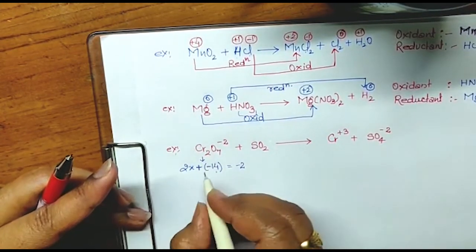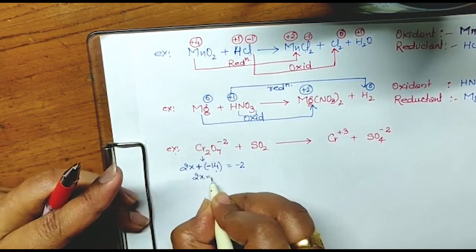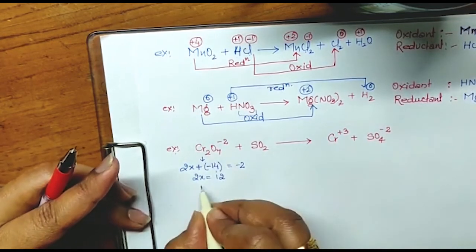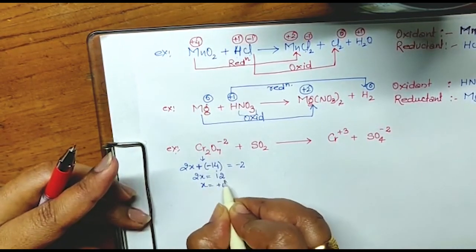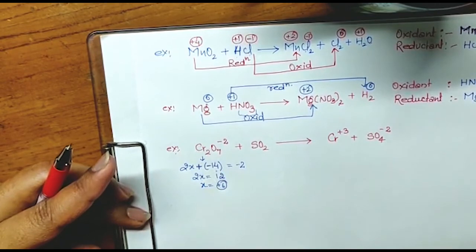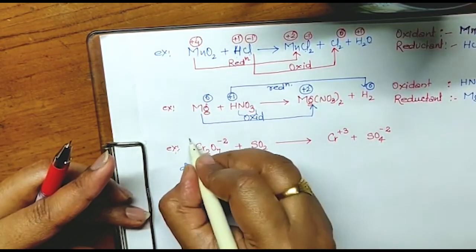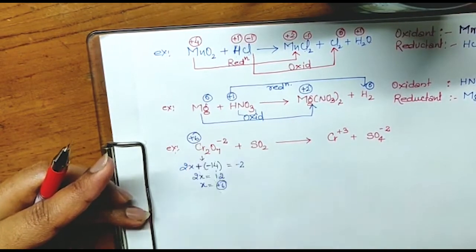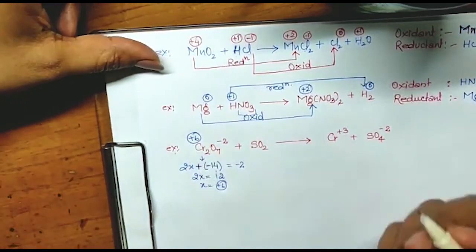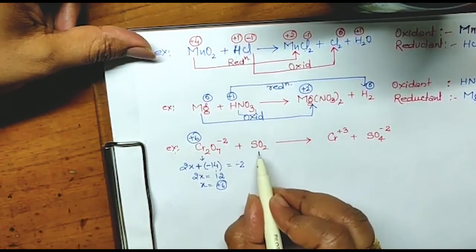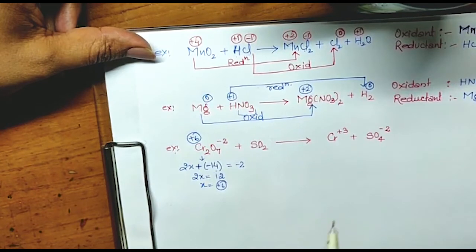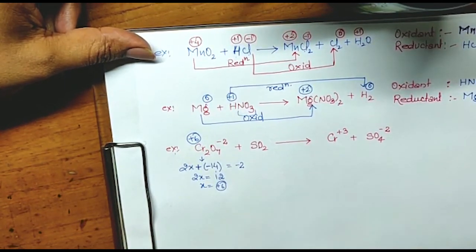So just solve it. What you will get? 2x is equal to 12, isn't it? So x is equal to plus 6. So you got the charge on 1 chromium atom. So this is plus 6. Write it now. Okay. Now in this compound find, 1 oxygen is minus 2. So 2 oxygen is minus 4.